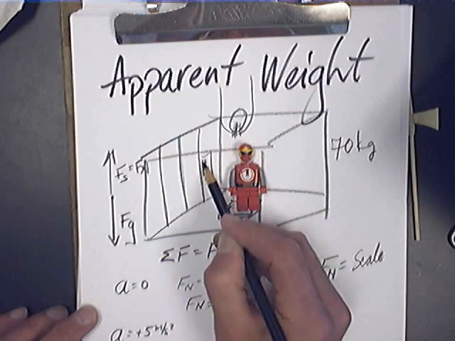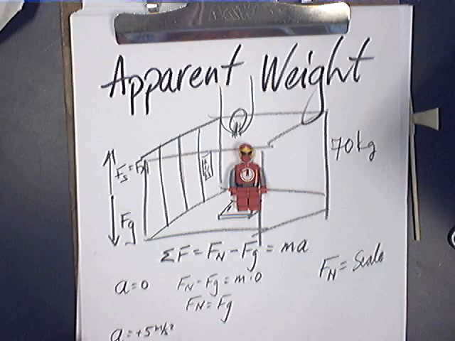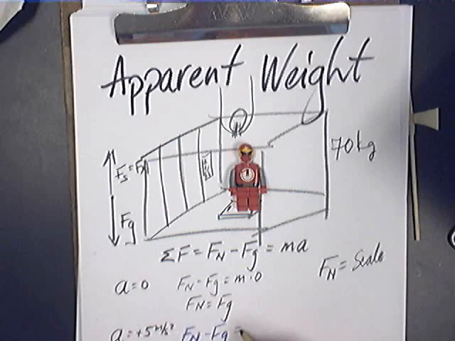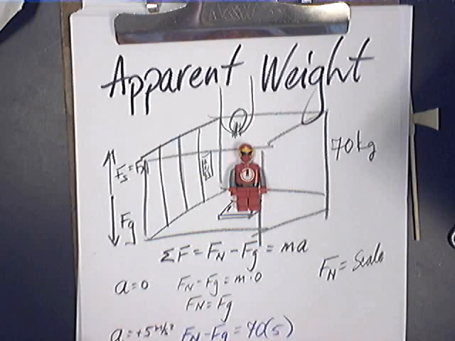So now let's accelerate upward at 5 meters per second squared. I press the 15th floor, and we'll find what's up there. I think there's dishwashers. So the sum of the forces has to equal ma. The normal force minus the force of gravity has to equal my mass, which is 70 kilograms, times the acceleration, which in this case is 5 meters per second squared. So what does the scale read?